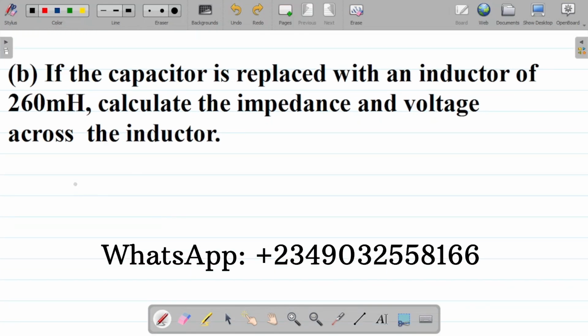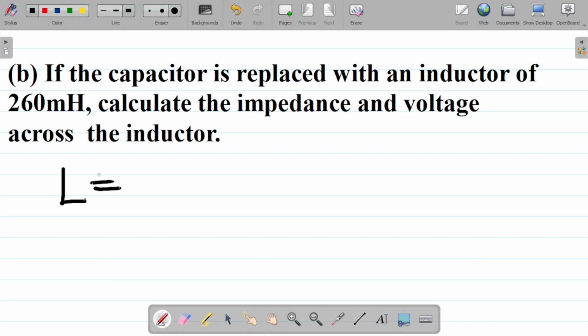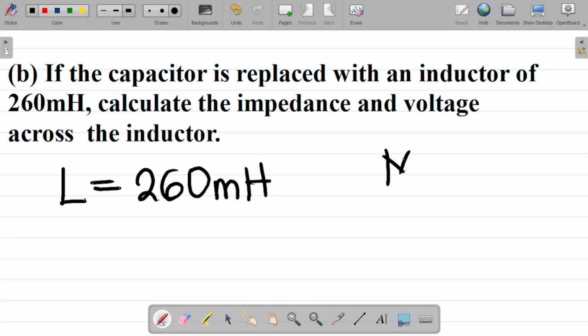So first thing I'm given here is inductance, which is usually L. The inductance here is 260 millihenry. So 260, M is milli, H is Henry. Now, how to tell between milli and mega? If you have MH with capital M, it's mega Henry, and that's 10 to the power 6 Henry.